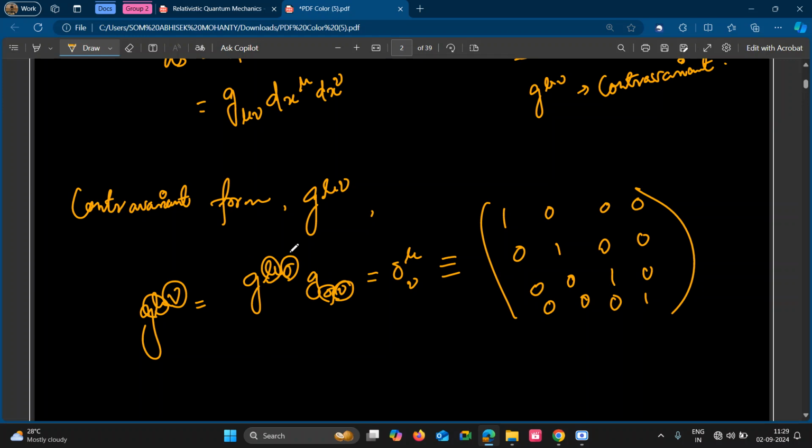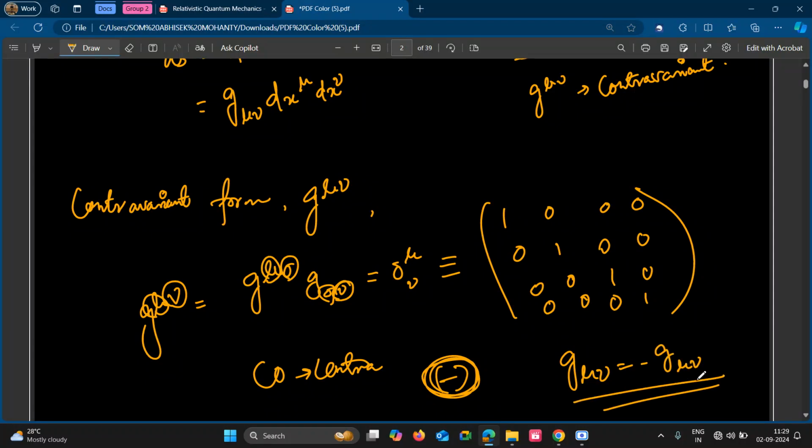If I am converting this covariant to a contravariant, there will be a minus, like a minus will be there. This is not exactly correct, I'm just trying to make you understand it. There's one here, but these terms are changing, minus one, minus one. Are you getting my point?